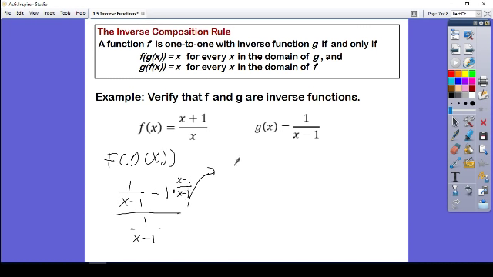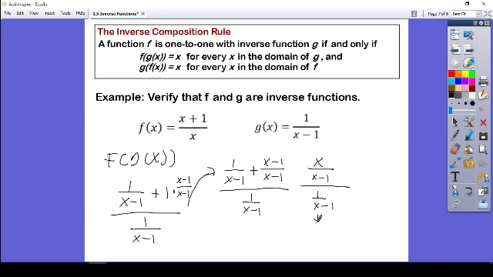So you ultimately get 1 over x minus 1 plus x minus 1 over x minus 1, all over 1 over x minus 1, so that's going to get us x over x minus 1 over 1 over x minus 1, and that can be written as x over x minus 1 times x minus 1 over 1.